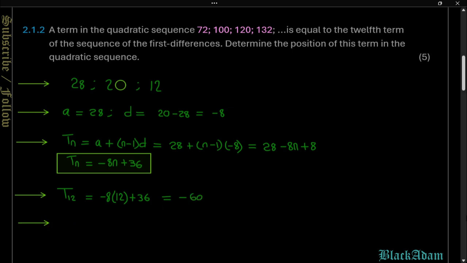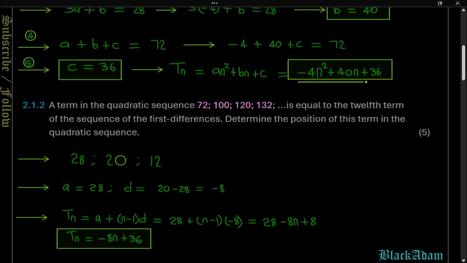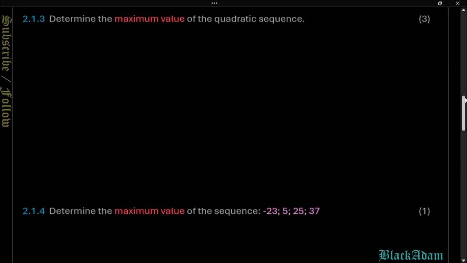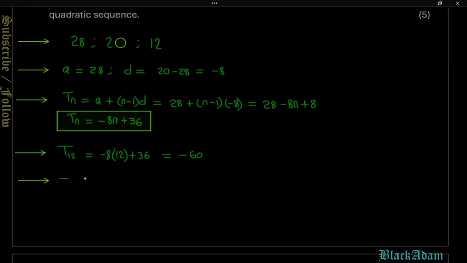And then we use that value to find what position it is on the sequence. So negative 4n squared plus 40n plus 36 equals negative 60.